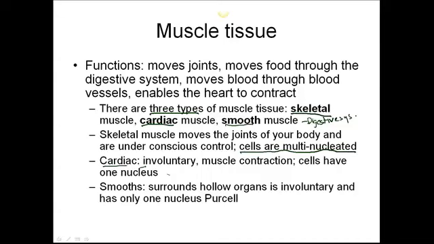Okay, cardiac is involuntary. These cells have one nucleus. Good test question. One nucleus. Smooth muscle surrounds hollow organs, like your digestive system. It's involuntary and has one nucleus per cell.